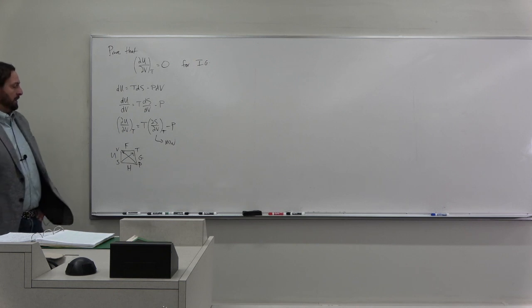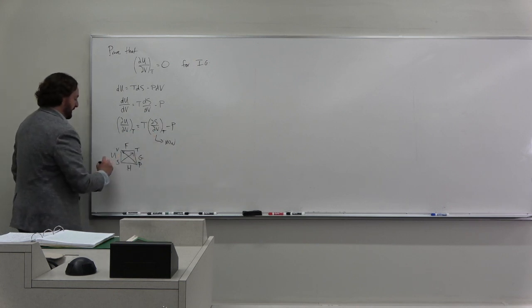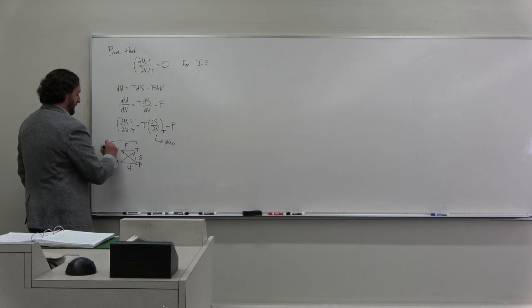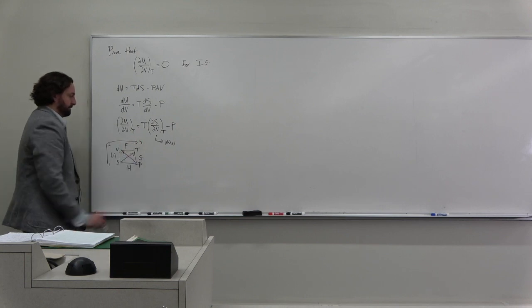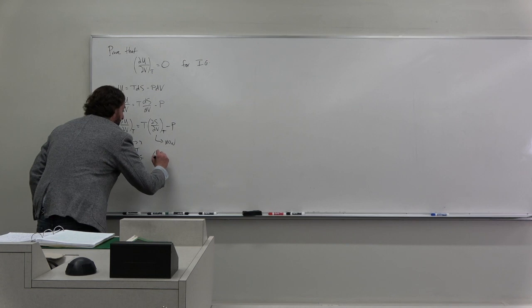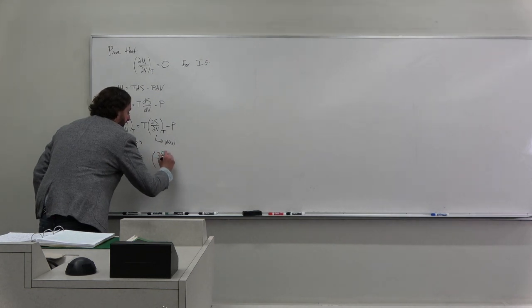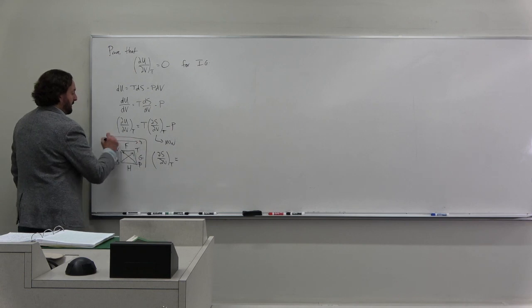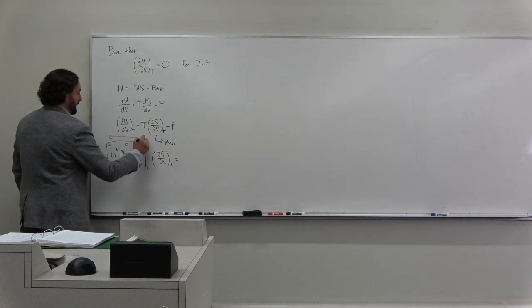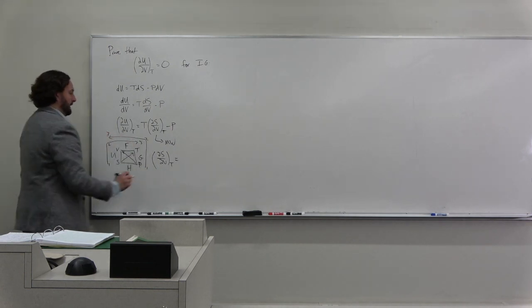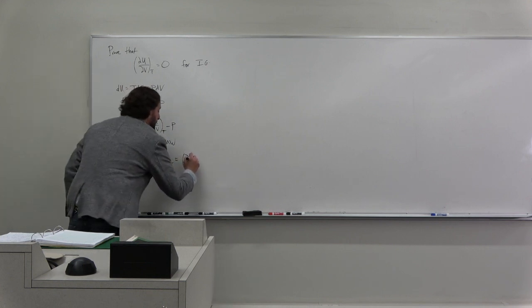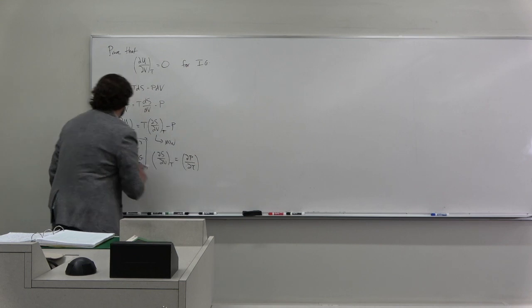Okay, so we have partial S, partial V, partial T, so that was 1, 2, 3. And so we get partial S, partial V at constant T is equal to, so we need the 1, 2, 3 the other way. We're going to get partial P, partial T at constant V.